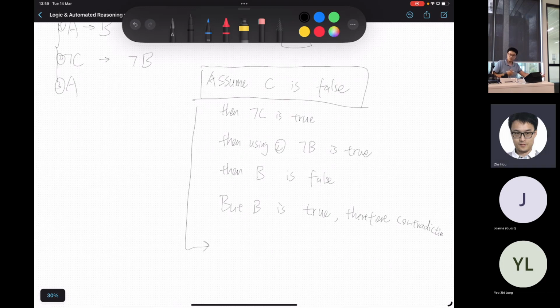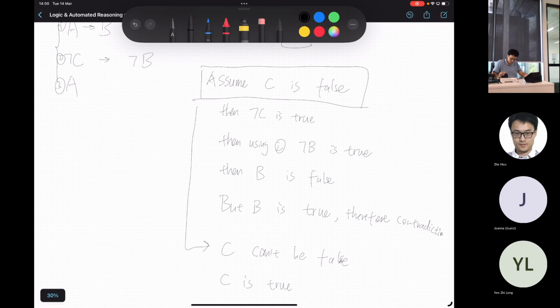This whole trace of reasoning concludes C can't be false. If C is false, we derive a contradiction. Therefore, C is true. So the answer to this question is C is necessarily true. It must be true. That is the logical reasoning here.